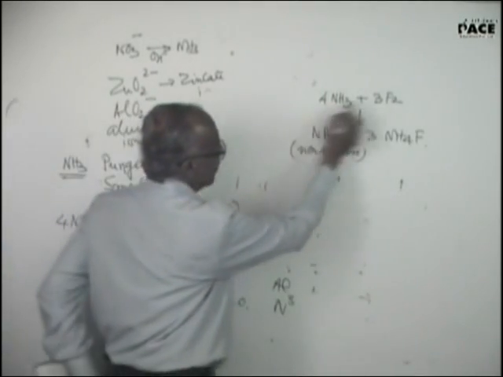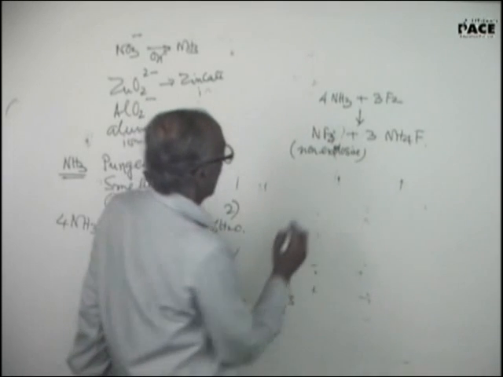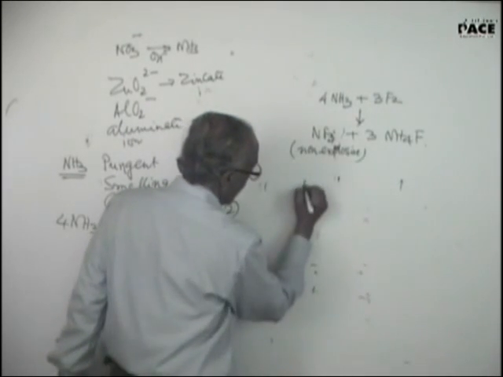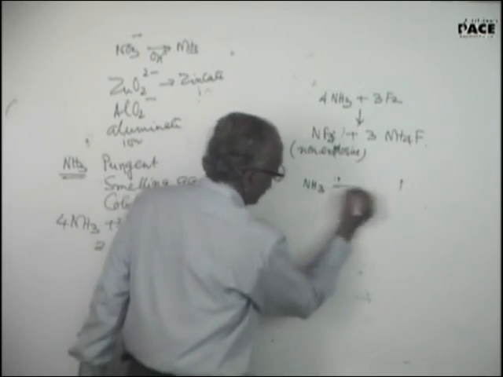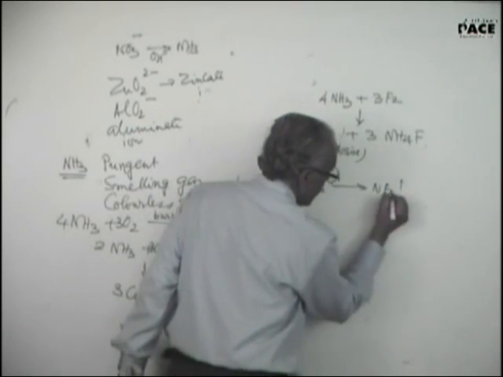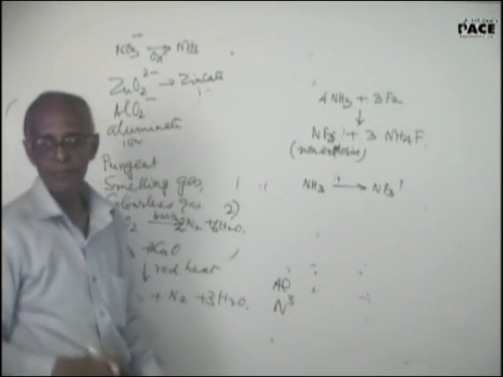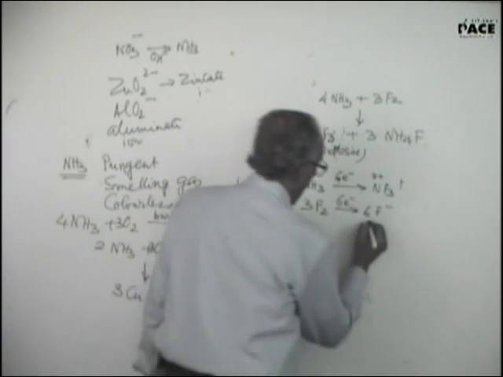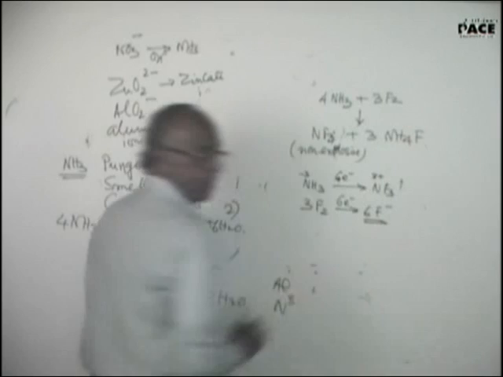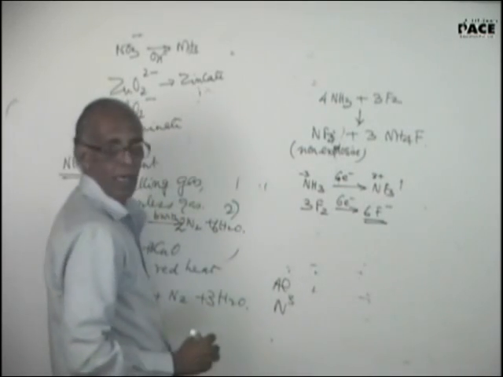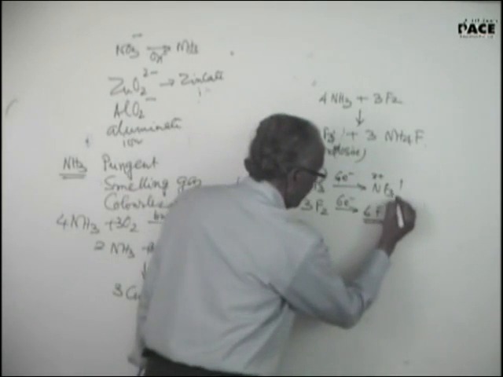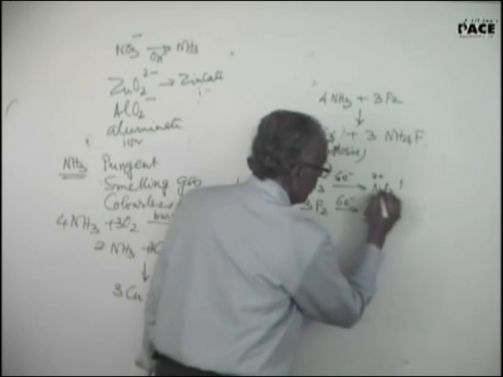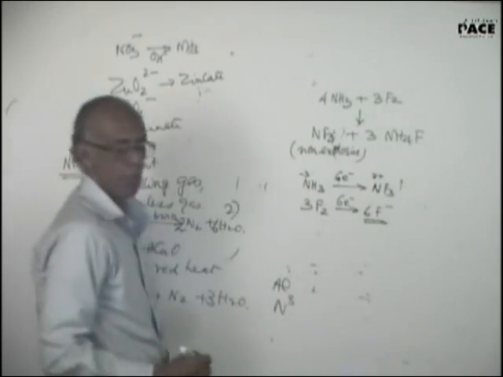How does it form? Now you can see that ammonia goes to NF3. How many electrons change? 6 electrons. Out of these 6 fluorides, 3 fluorides are combining with this nitrogen.